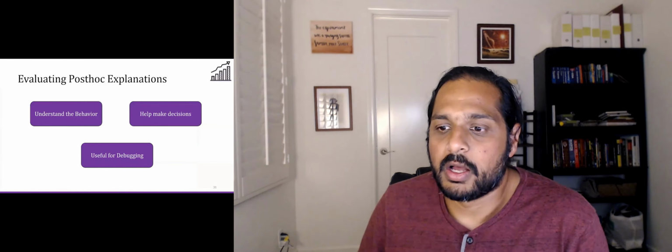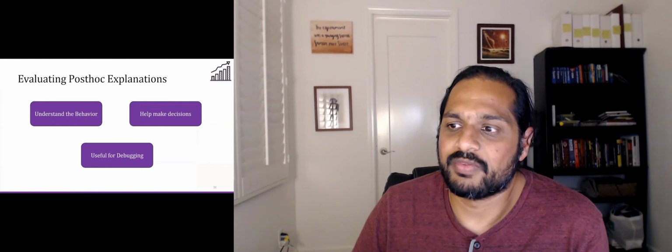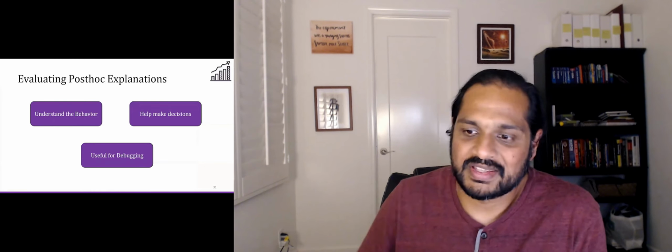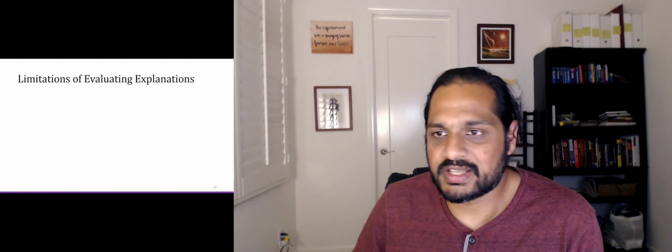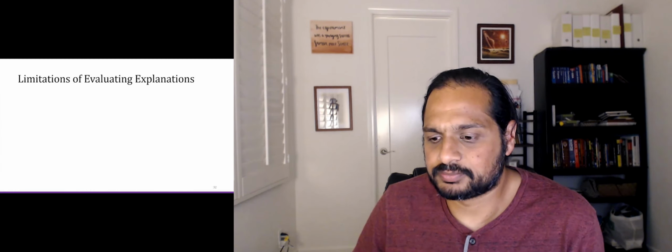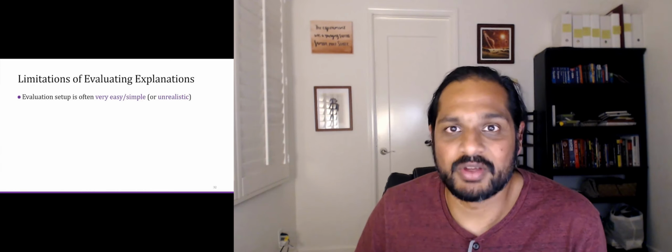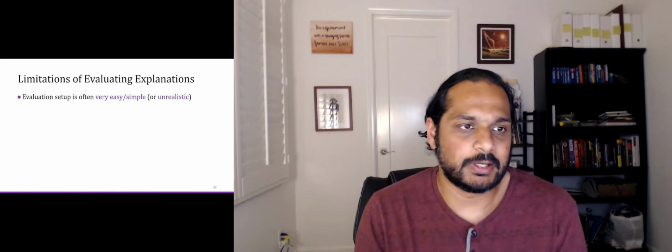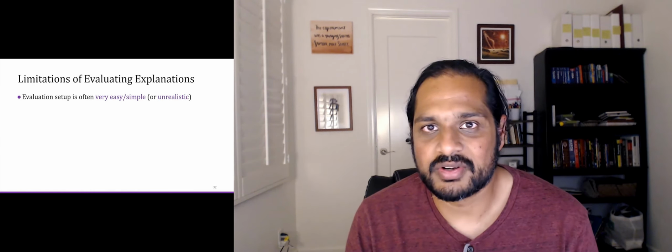Okay. So those were the higher level ideas of how people have tried to evaluate explanations. And there are lots of different ways that people have been approaching this. Unfortunately, I think there are a lot of problems or limitations in the current way of evaluating explanations. The biggest problem is that the setup is often quite easy or simple, right?